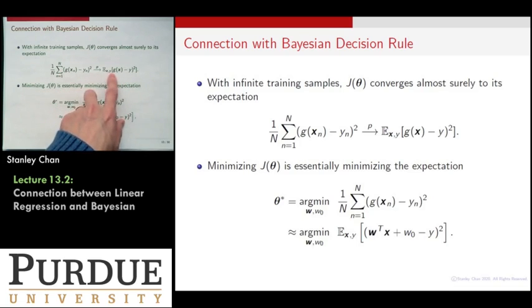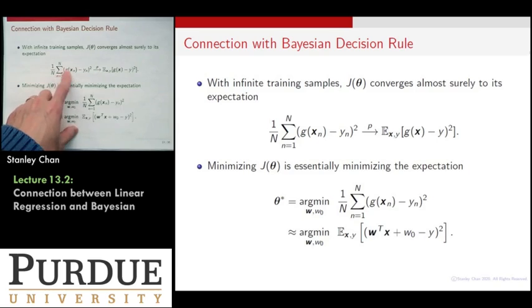Now the expectation is taken over x and y, because there will be a joint distribution between your input data and the label. Something that I don't know, but there should be some distribution. So if you want to minimize this loss function, approximately as n goes to infinity, you are really just minimizing this expectation of the 2-norm square loss.